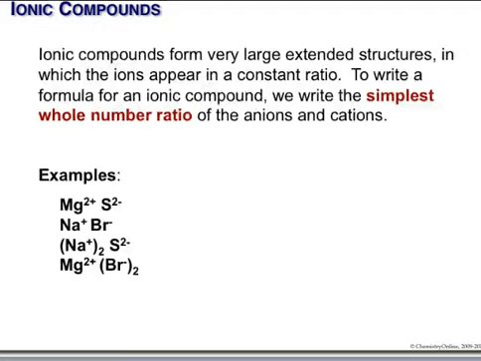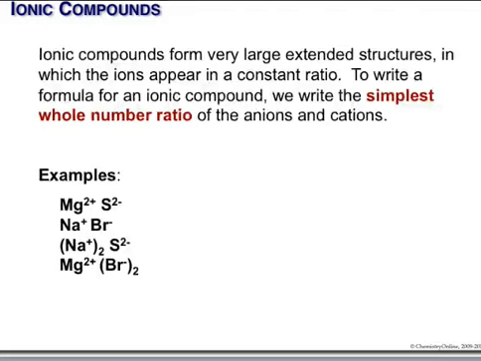Once we decide what our compound is going to be, we're going to write its formula using the simplest whole number ratio. Now this is for ionic compounds. There are exceptions to this rule.